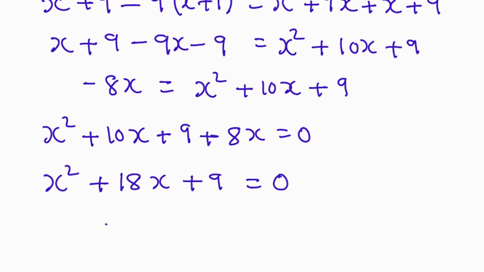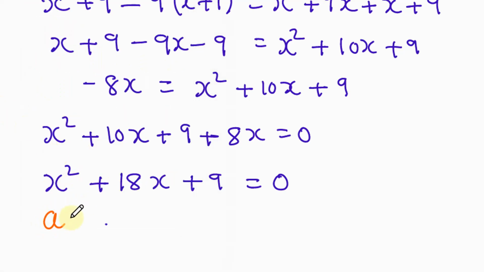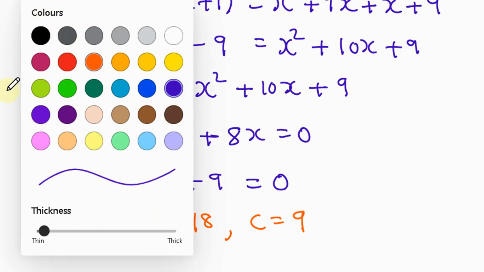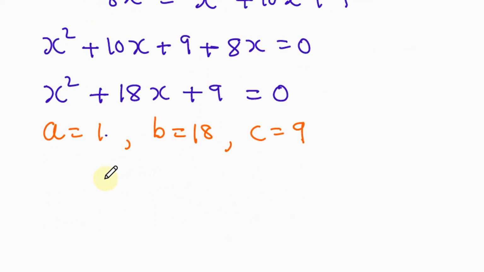Now, we're first going to write down the values of a, b, and c. So a is the x squared coefficient, which is 1. B is the x coefficient, which is 18. And c is the constant, which is 9. We can plug these into the quadratic equation.